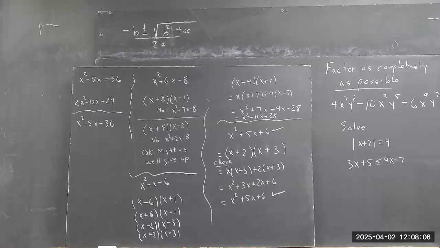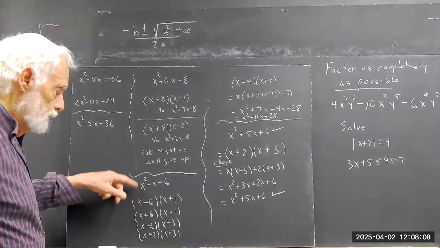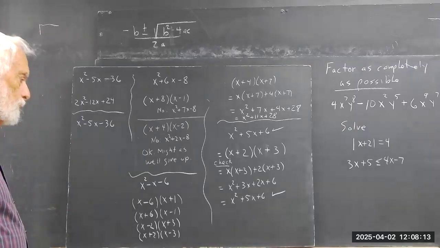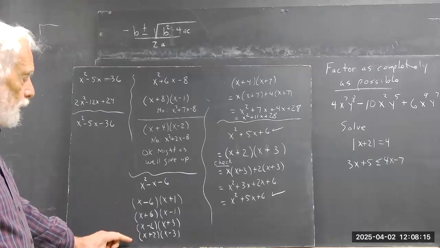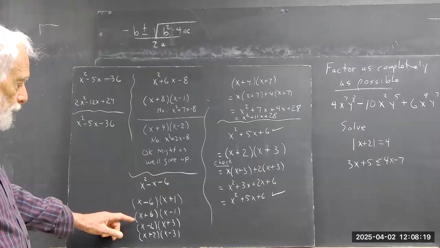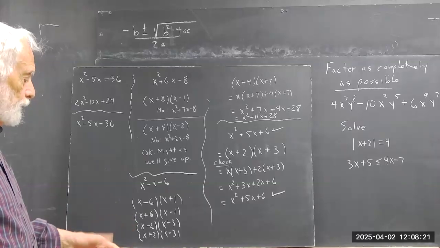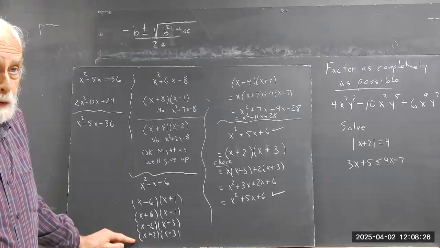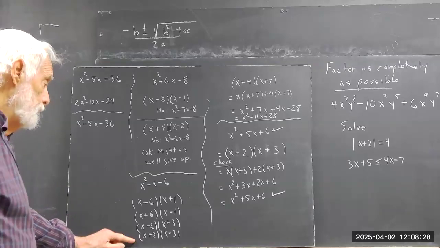Okay, now working on this problem here. Everybody multiply all of these out. And if you do this, multiply this and this and this and this in order, you find that this is the one that works. And everybody found that this is the one that works, okay?